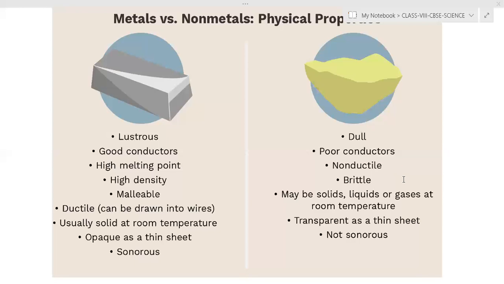Like metals, nonmetals are used in everyday life and industries. Important uses of common nonmetals are as follows. Table 4.3. Uses of nonmetals. Oxygen, O. It is required for respiration by all living organisms. It is essential for burning.